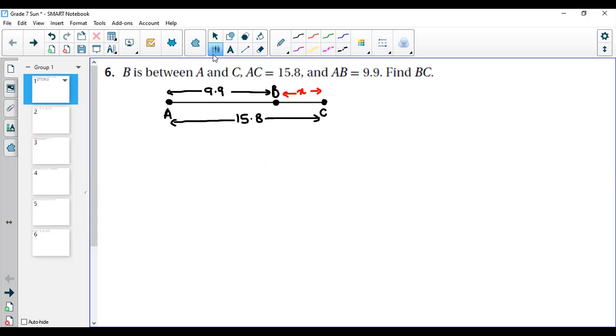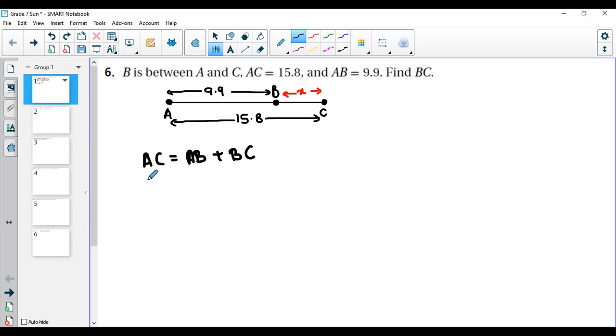So first we need to write the equation. How am I going to write the equation? Of course, I need to first write the whole length. AC is equal to what? The two parts. What are the two parts of this line? AB plus BC.